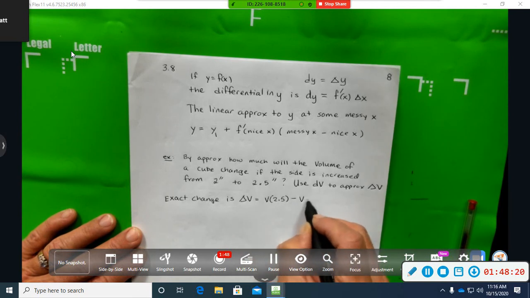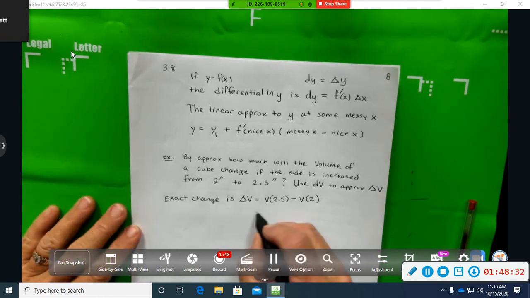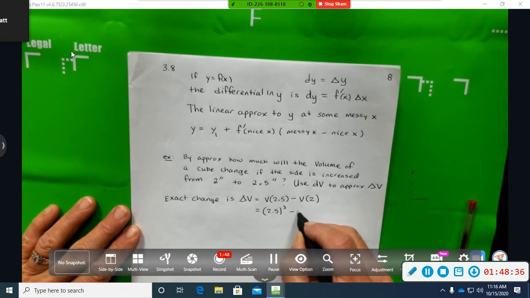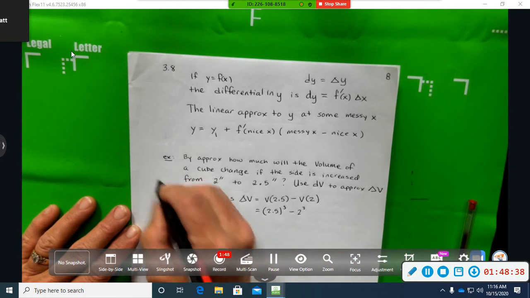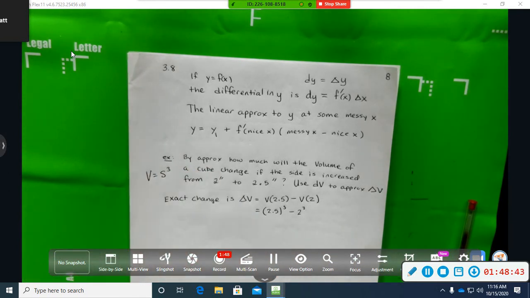What's the volume of a cube? Side times side times side. So we're just approximating 2.5 cubed minus 2 cubed, because the volume is side cubed. So that's not hard to do exactly, but I said don't do that.